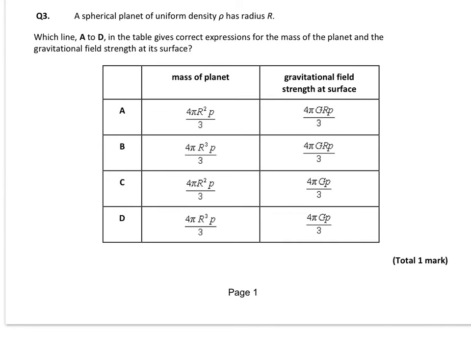A spherical planet of uniform density has radius r. Which line A to D gives the correct expression for the mass of the planet and the field strength of the planet? So let's first remember how you calculate density. It's mass divided by volume, and volume is going to be 4 over 3 pi r cubed.